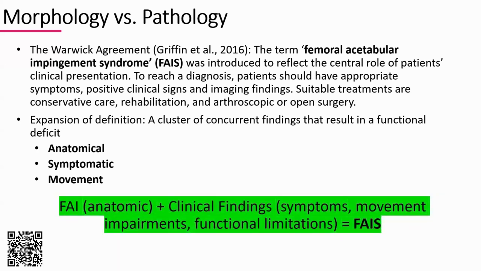So we have a more encompassing term, anatomy plus clinical findings, to come up with this term of femoral acetabular impingement syndrome. It also gives us a better ability to discuss the treatment options that are available. So it's not just anatomy we are addressing, but more the whole complete presentation in front of you, the patient presentation.